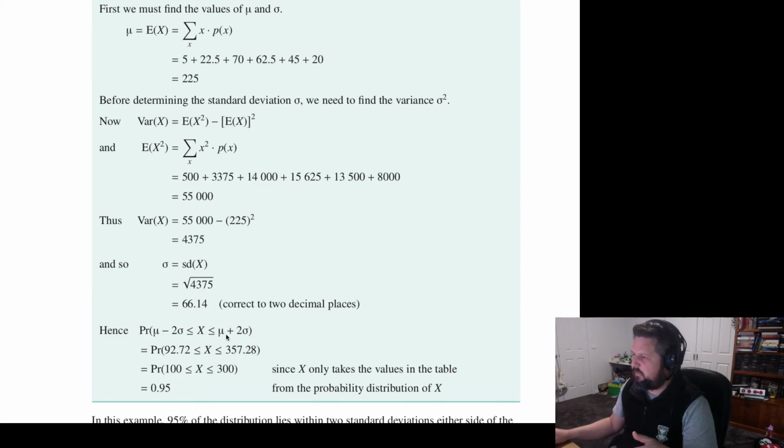Here, if you have the mean, which is 225, and you add on 2 standard deviations, so adding on 2 lots of this to 225, you end up with 357.28. So that's obviously the calculation they're looking for.